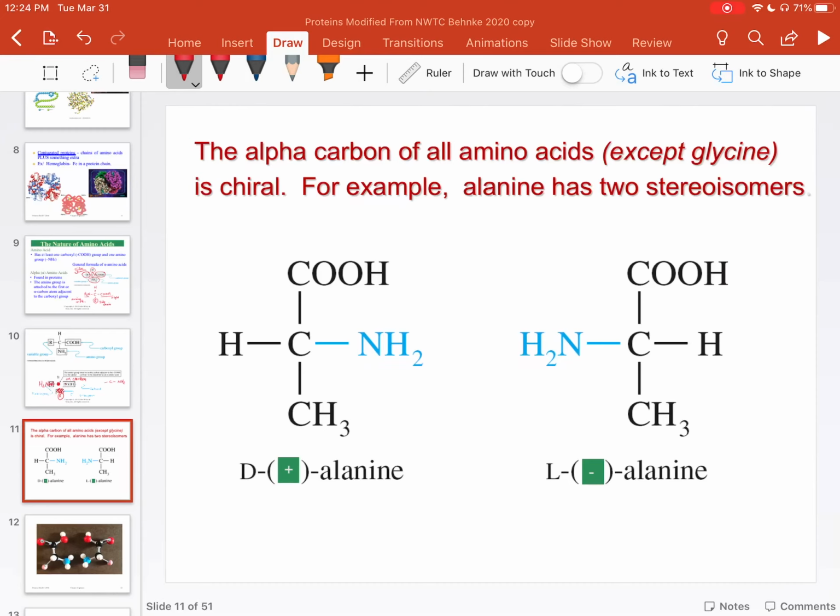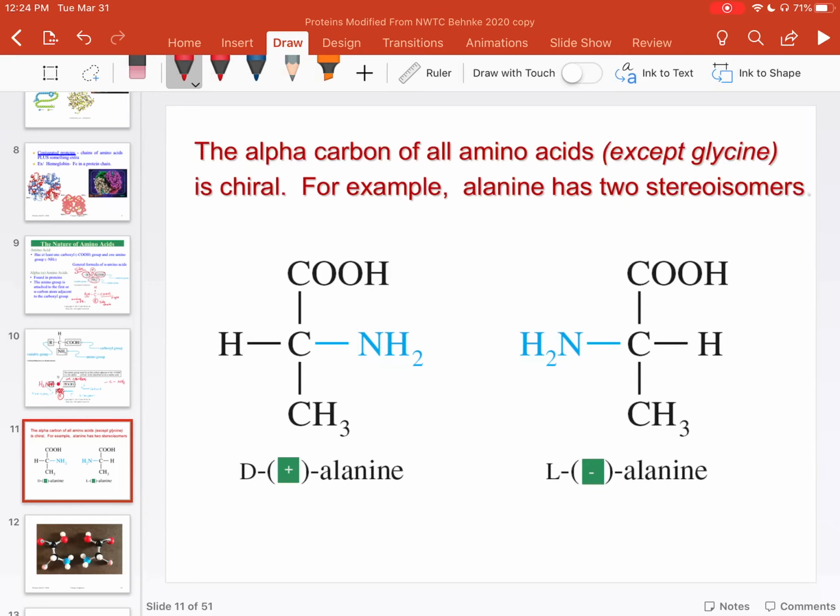Now, one of the characteristics that occur with amino acids is that every single amino acid has what is called chirality. Actually, there's one that doesn't, but there's only one case that it doesn't.